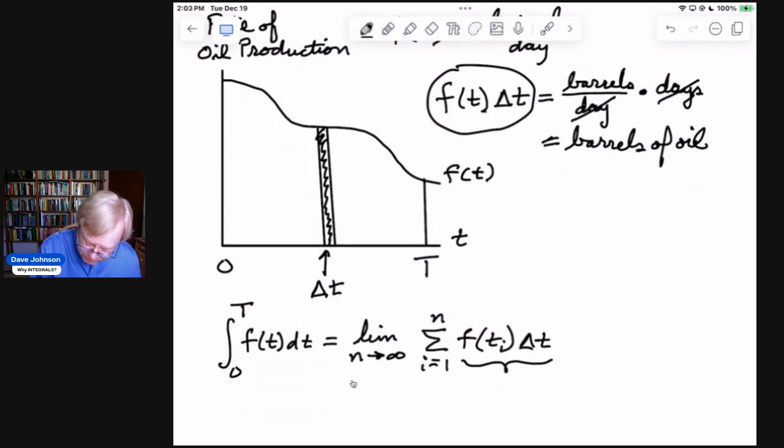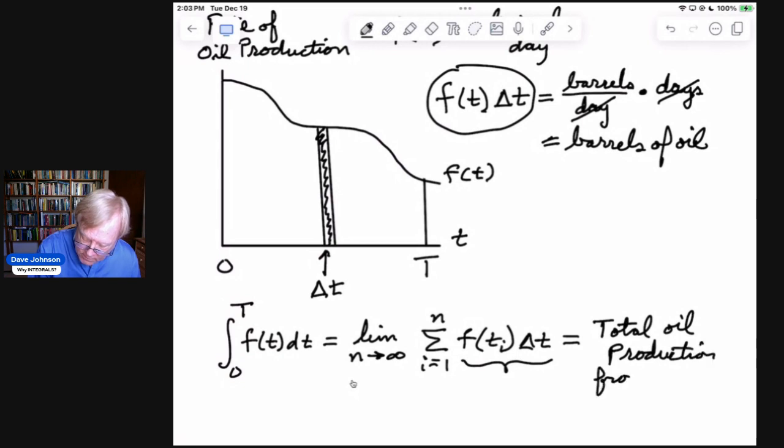Okay, so this integral is the total oil production from the initial day, time 0, to our final day t.